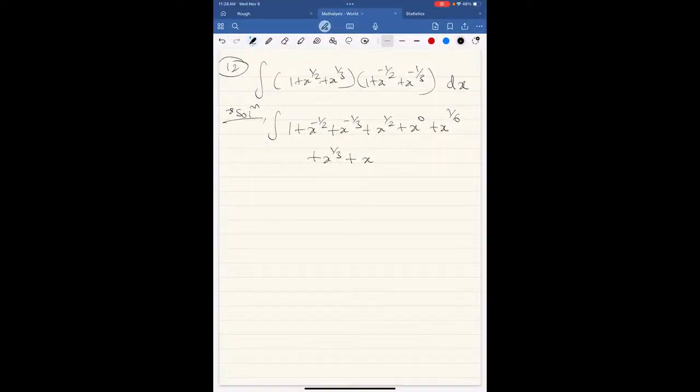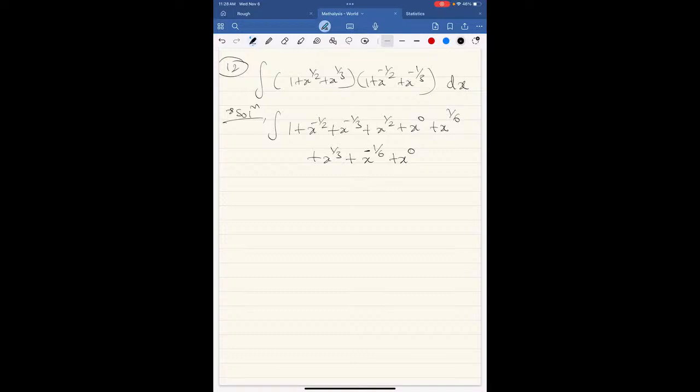Plus x to the power 1/6 plus x to the power 0. Oh wait, this is wrong, this should be minus 1/6 and this should be 0. Okay, now that's fine.